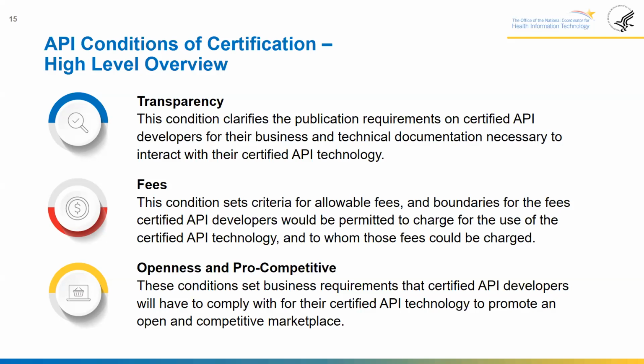These are the fees that a certified API developer can charge to their customers, which are the health organizations that obtain their product. Again, we provide additional clarification around the conditions and the ways in which the fees have to be reasonable and done in a non-discriminatory manner.